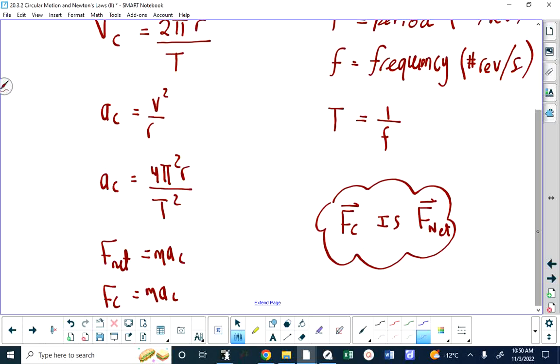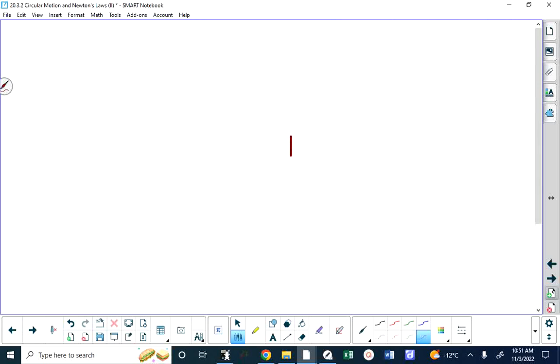I don't want you to think, you know when we did forces of friction, and in the formula for force of friction, which was this, if the object was on a horizontal surface, we did this, right?